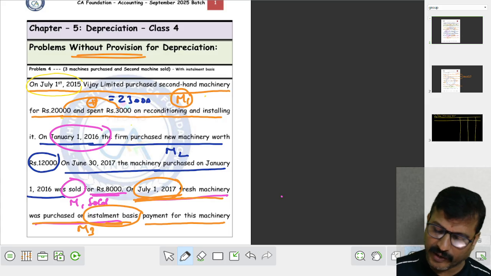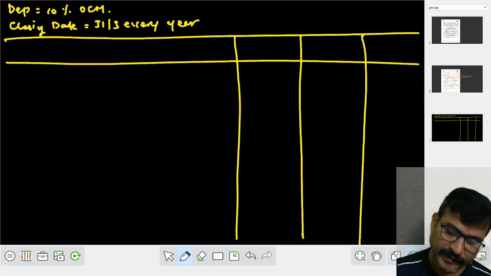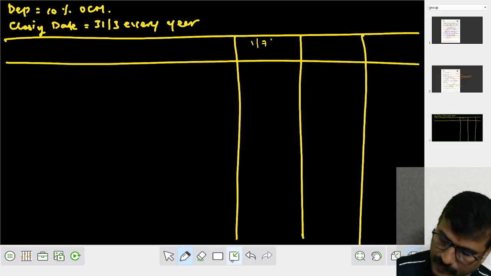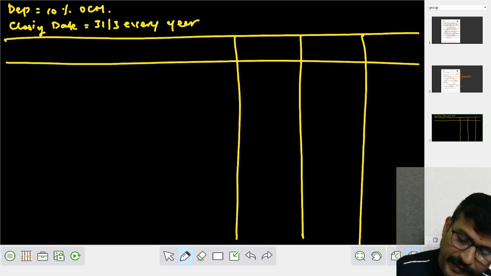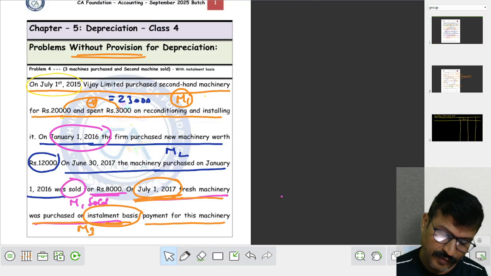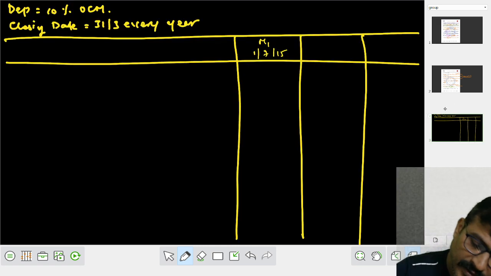Put together how much? 23,000. M1 is purchased on 1st July 15 for an amount of rupees 20,000 plus 3,000. So it is of rupees 23,000.